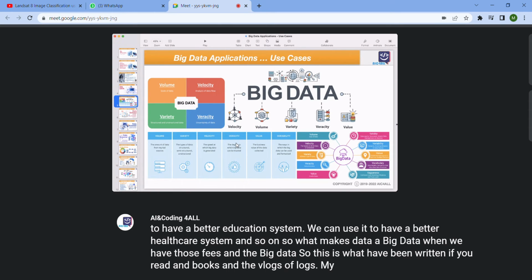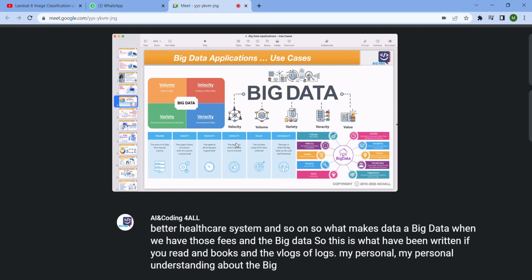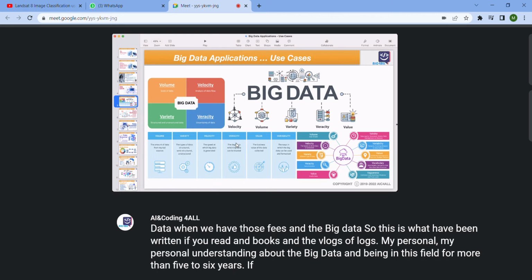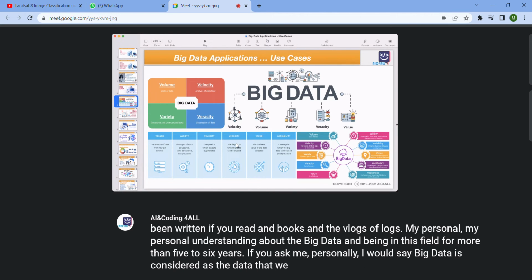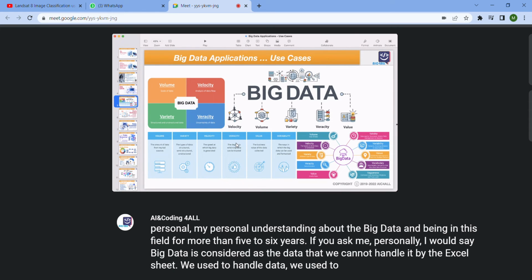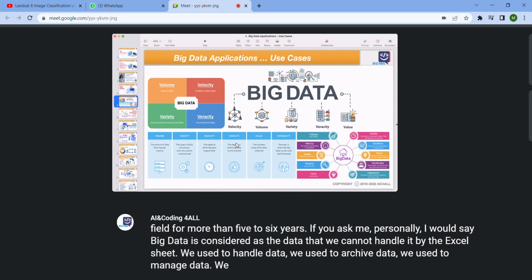My personal understanding of big data, having been in this field for more than 5 to 6 years, if you ask me personally, I would say big data is the data that we cannot handle with an Excel sheet. We used to handle data, archive data, manage data, and get simple insights from the data with an Excel sheet.